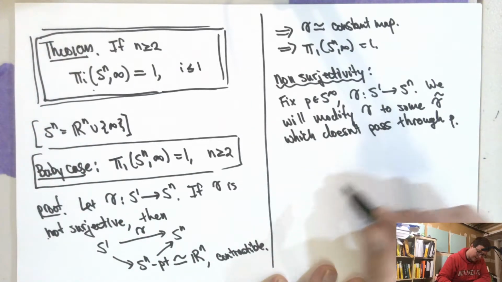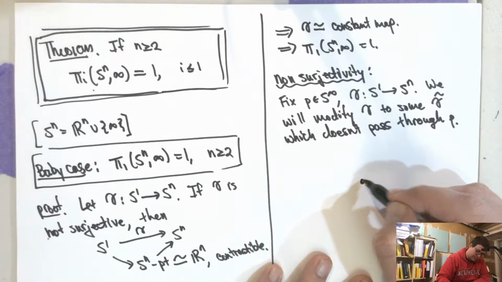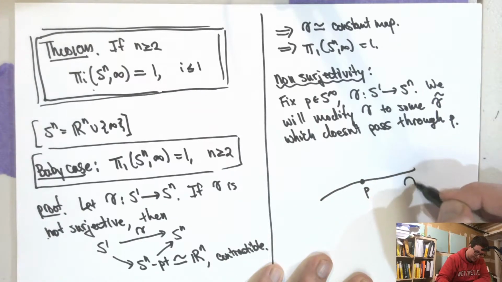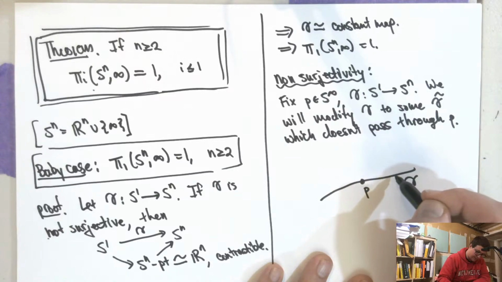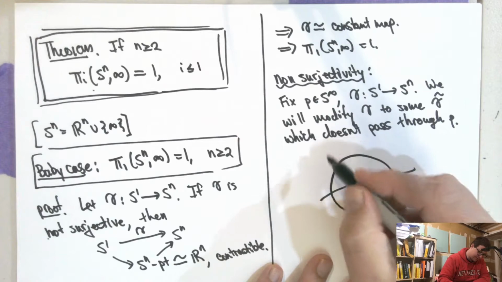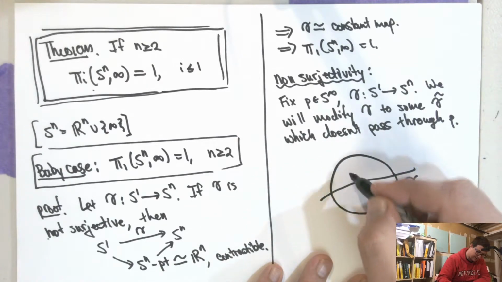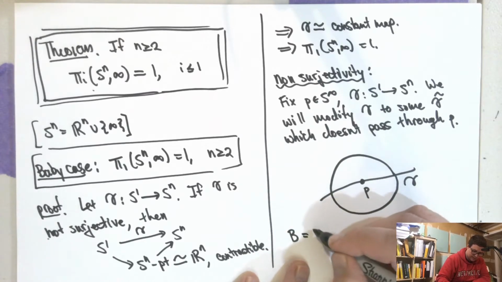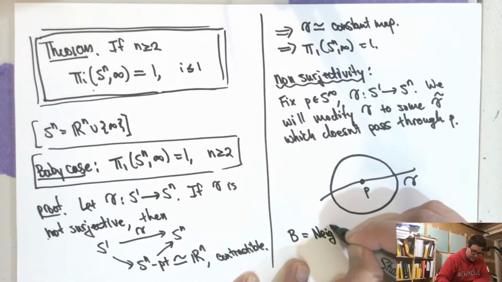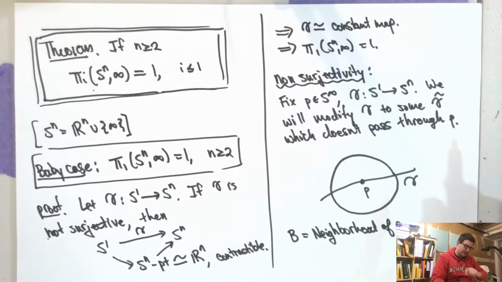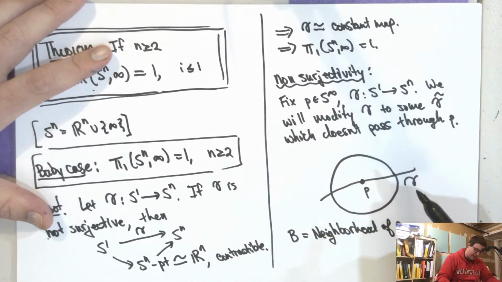Here's the picture. We'll have some point p, and potentially gamma comes through here like this. What we'll do is take a neighborhood around p. This will be B, a neighborhood of p.